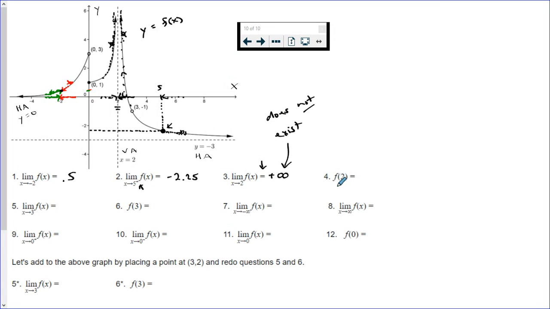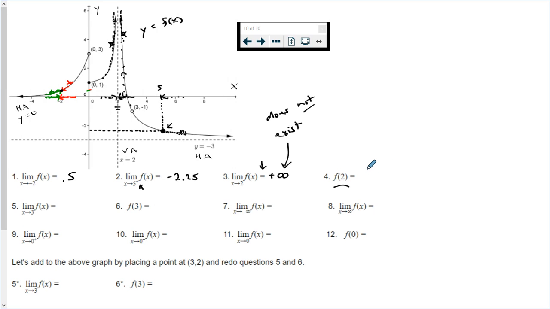All right, moving on to this now, you have to look at this and recognize that this is not a limit question, right? This is something you learned in pre-calculus and in Algebra 2, okay? This is a functional value question, and all I'm asking here is what is the output when the input is 2? So in other words, what's the functional value at x equals 2? And since there's an asymptote here and there's no dot on that asymptote, right, there is no y value at x equals 2.